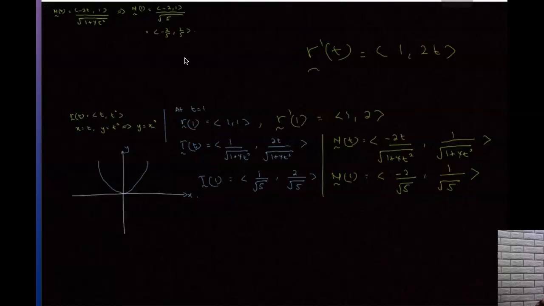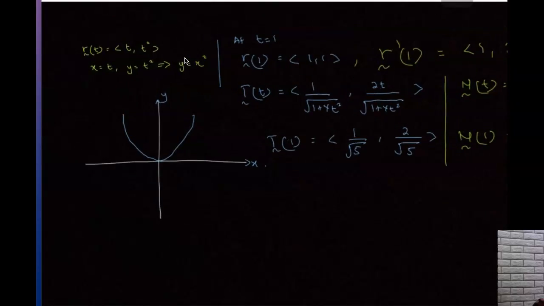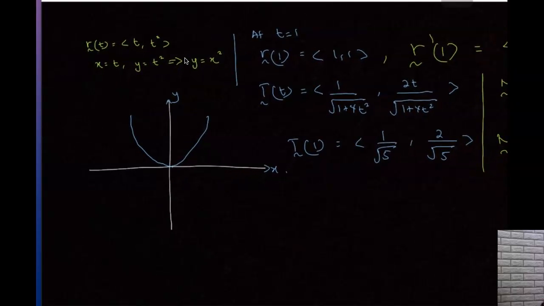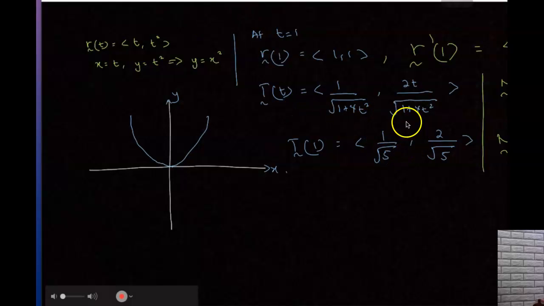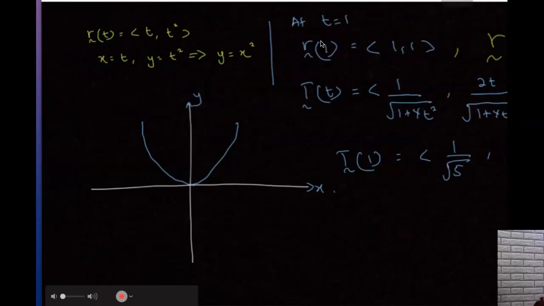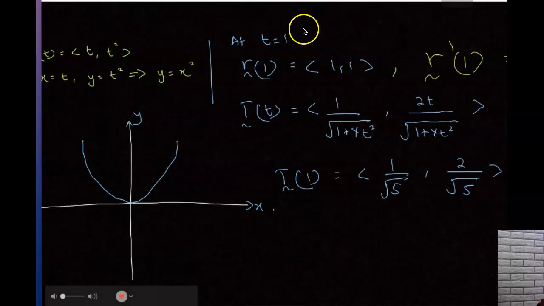Okay, so now you have to sketch. In order to sketch the unit tangent and unit normal, you cannot directly plot the point of this particular value of x and y, because this happens at the point where t is equal to 1. So where is t equal to 1? You have to look at your position vector. Where is the location of t equal to 1?